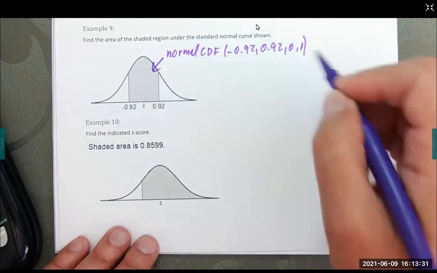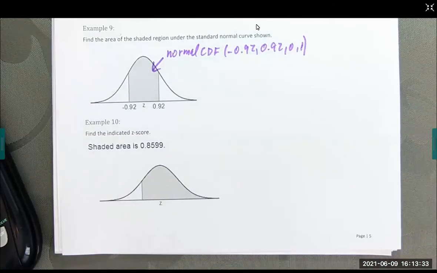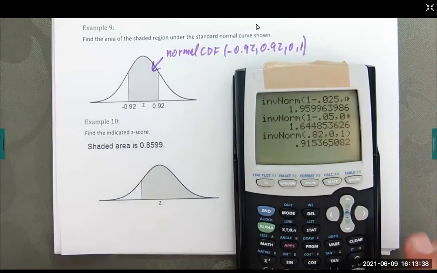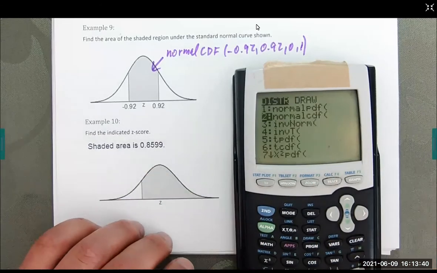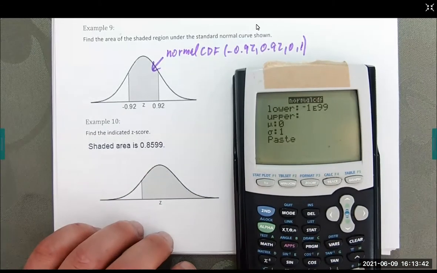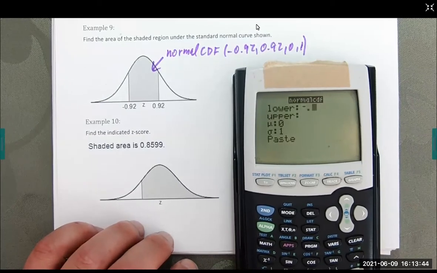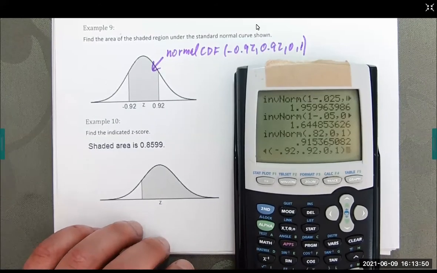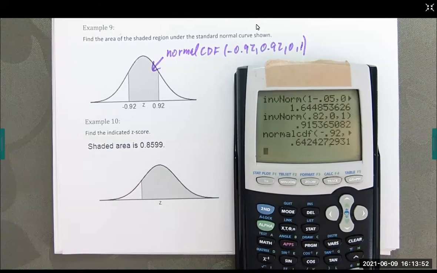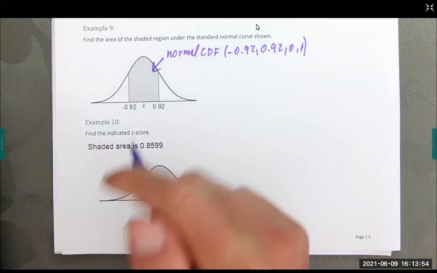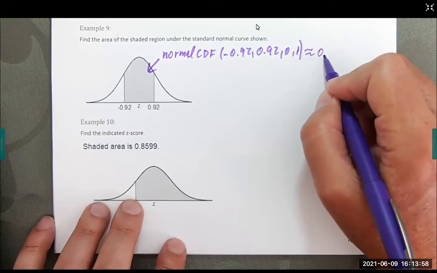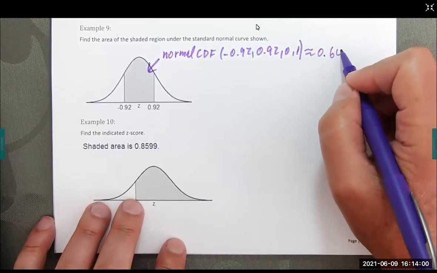We don't need that 0 and 1 because it's standard normal. So norm CDF, negative 0.92, positive 0.92. So 0.64, and we can see that that's a good chunk of all the area there. So it doesn't surprise me it's more than 50%. 0.64.